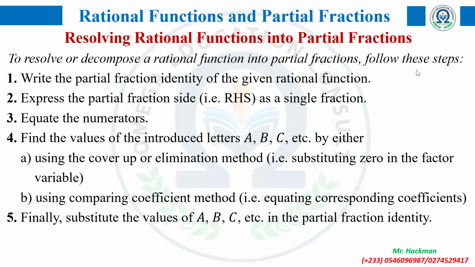The side that has more than one fraction, you now write as a single fraction, so that on each side you have a single fraction. The single fractions on each side will automatically have the same denominators, so you will have an equation connecting two ratios where the denominators are the same. If the denominators are the same, it becomes obvious that the numerators must be the same. So you equate the numerators.